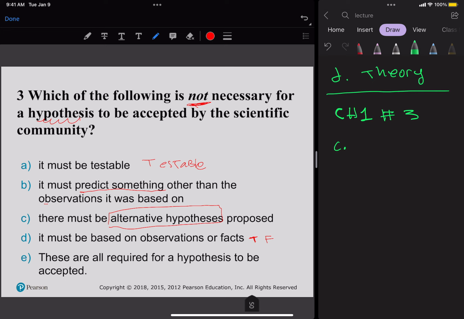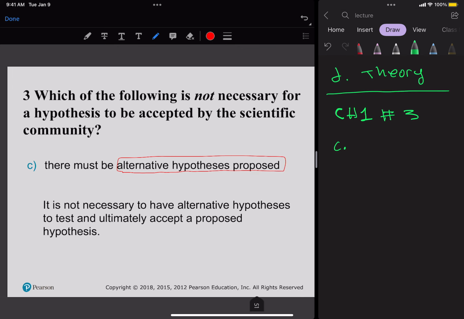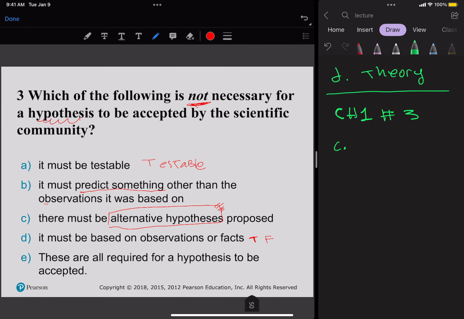One scientist can come up with the correct theory, be the first one to do it, and with no opposing hypotheses. So chapter 1, number 3, it's C. The main things you need to know is that it has to be testable, be able to make predictions about the future, and be based on observable facts.